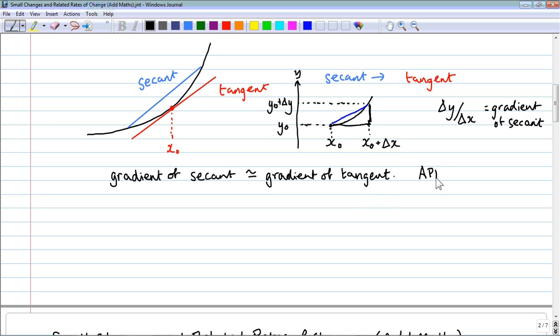Now let's emphasize, this is an approximation. That means it's not exactly true, but it's not wrong by very much. So it means that I can replace the gradient of the secant with the gradient of the tangent.